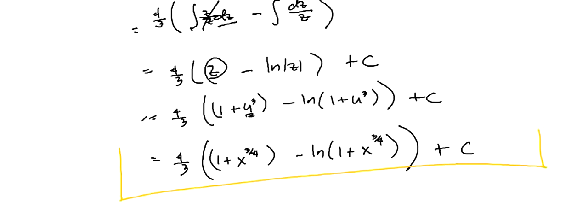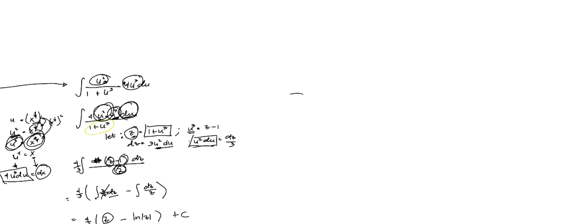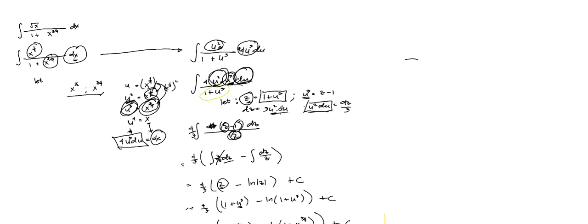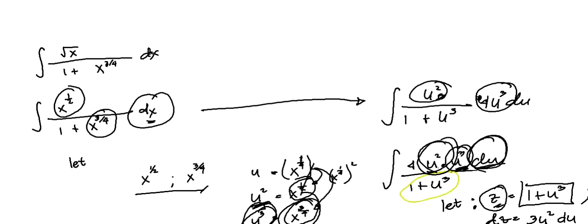Okay, so let's do a quick review. First, we have a problem which is the square root of x all over 1 plus x raised to 3 halves, and then we rewrite this in terms of fractions. So x raised to 1 half, and we have 1 plus x raised to 3 fourth.